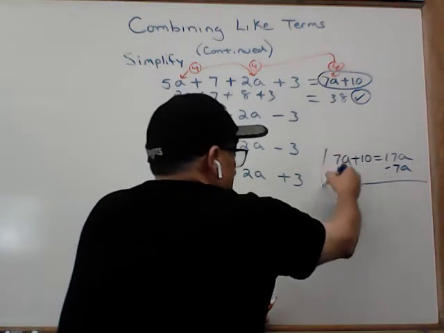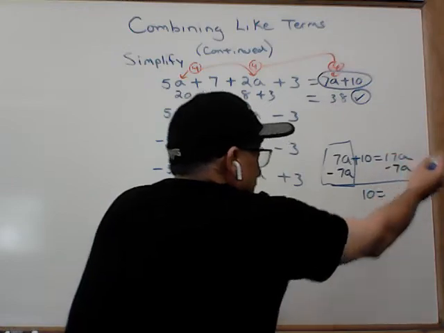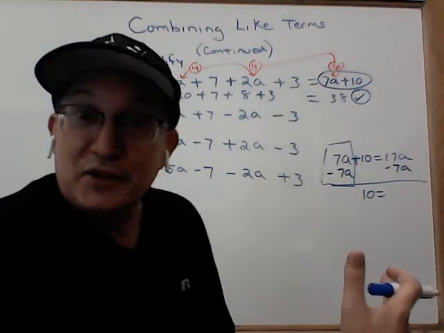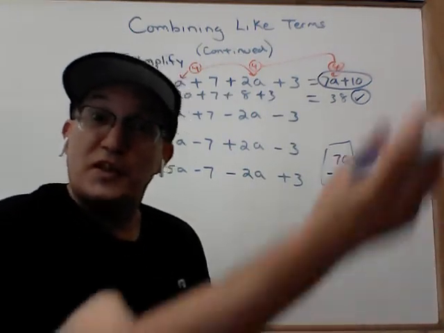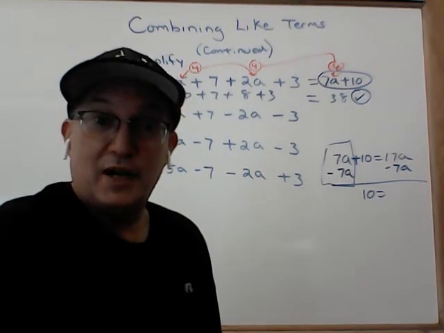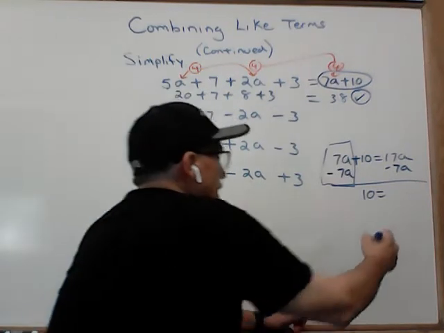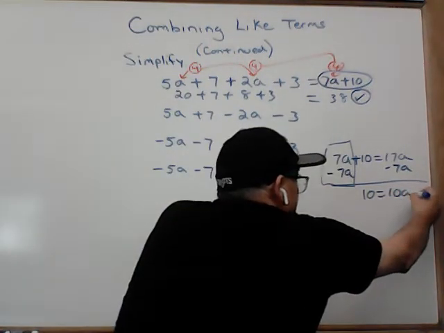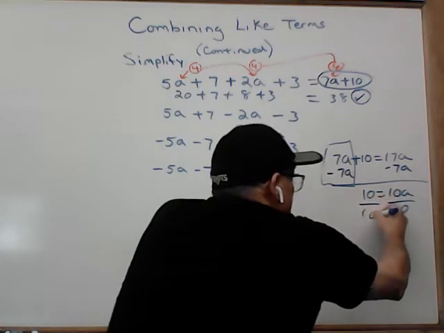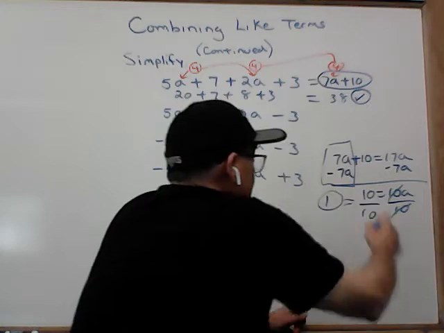These cancel to 0 here. Then you have 10 on the left equals 17a minus 7a. Now there's combining like terms. Within the context of solving that equation, we have to be able to combine the like terms. 17a minus 7a is, of course, 10a. And then our final step would be to divide each side by 10 and get a equals 1.